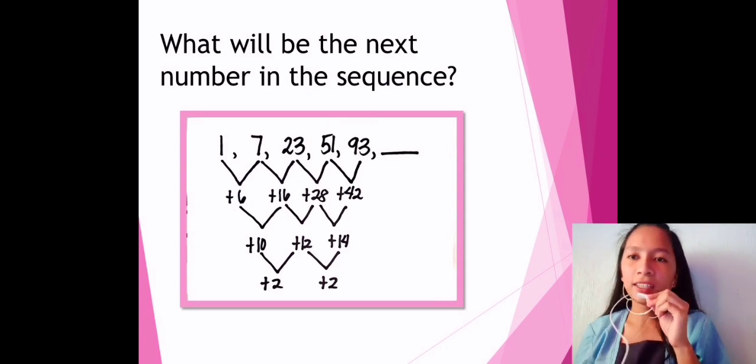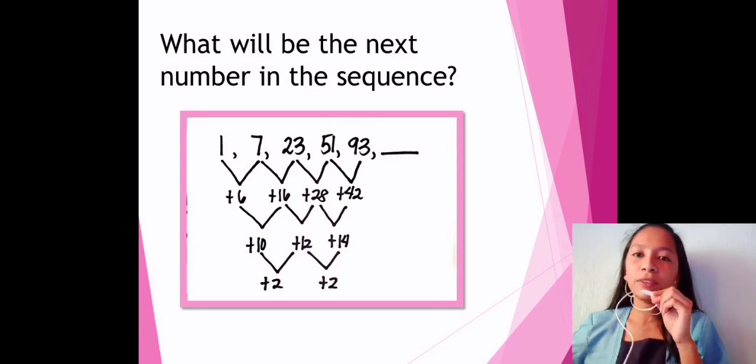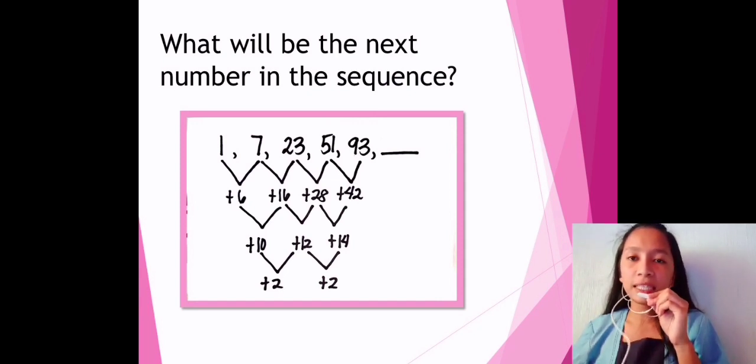Proceed ulit tayo sa panibagong paghahanap kung ano ba yung difference nila, which is hahanapin natin yung difference between 6 and 16, 16 and 28, 28 and 42. So, pag pinag-minus mo yung 16 minus 6, ang sagot niya is 10. 28 minus 16, 12. 42 minus 28, 14.